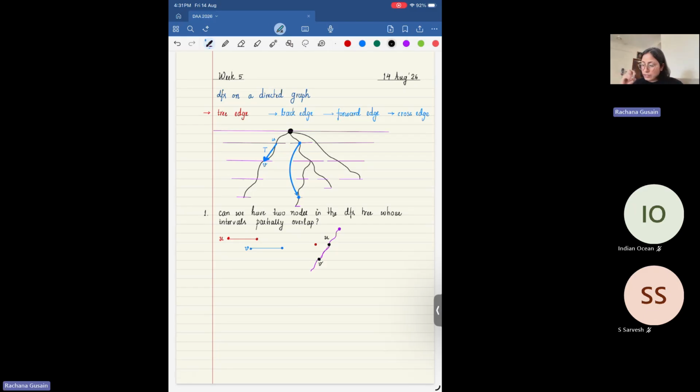Now, when I start exploring V, its start time will be more than the start time of U, right? It will be larger than U. So as a concrete example, let's say I start exploring U at time 4, then I come to V and start exploring it at time 5. So V was an immediate neighbor of U, let's say.